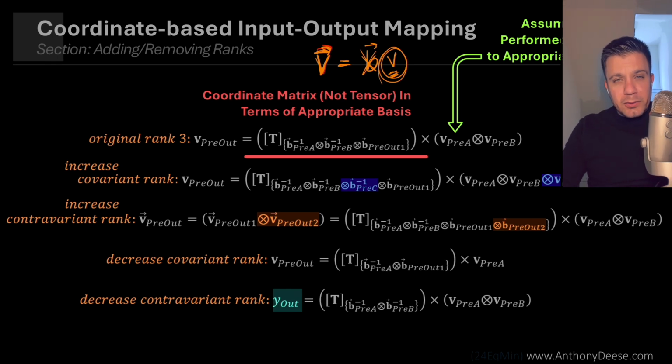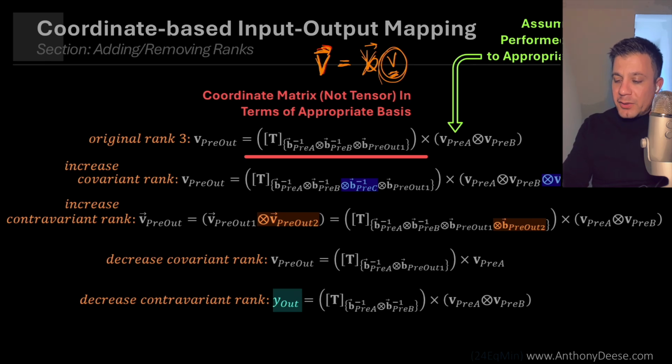Now, we lose some flexibility when we do that, right? We either have to assume orthonormal standard basis, or we have to assume that the bases are already baked into the coordinate values themselves. Regardless, that's what we're talking about here, the input-output relationship that depends on coordinates only.